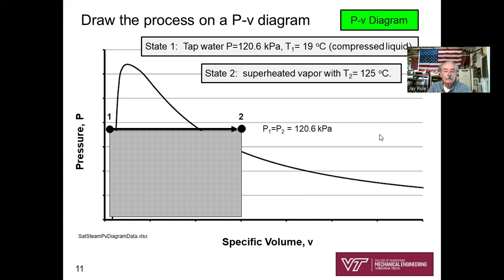And so now I see, okay, I think I should work on the work next. Let's see, I've got the pressure. I need delta V. I need V2 and I need V1. How will I get those? I'll go to the back of the book. I'll bet I can use property tables to get little v2 and little v1. I know the mass. I'll be home free on the work. Perfect.